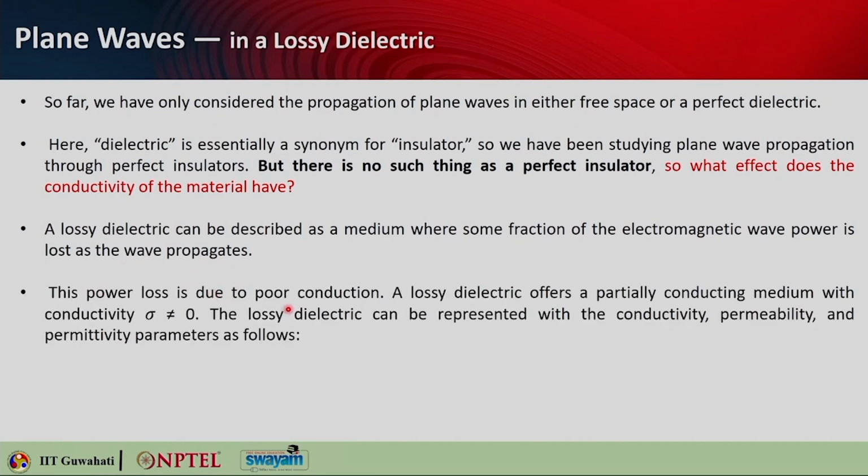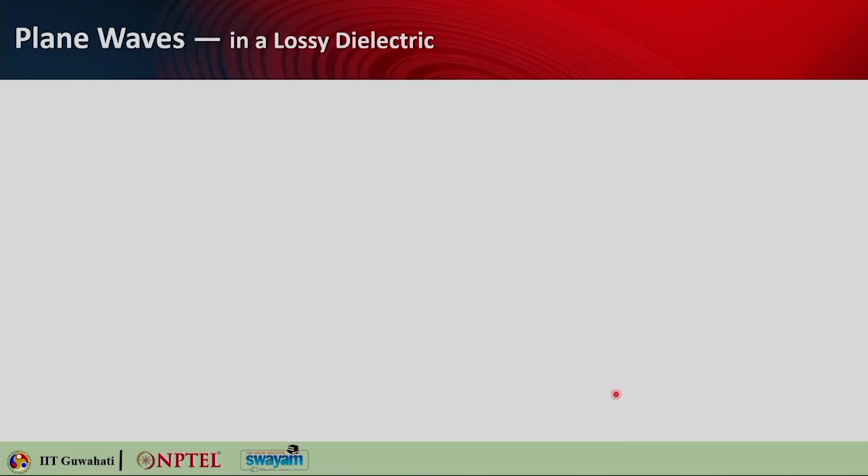Now this power loss is basically due to poor conduction. A lossy dielectric offers a partially conducting medium with a non-zero conductivity. So sigma becomes non-zero. The lossy dielectric can be represented by its conductivity, permeability and permittivity: sigma not equal to 0, epsilon equals epsilon r epsilon naught, and mu equals mu r mu naught.